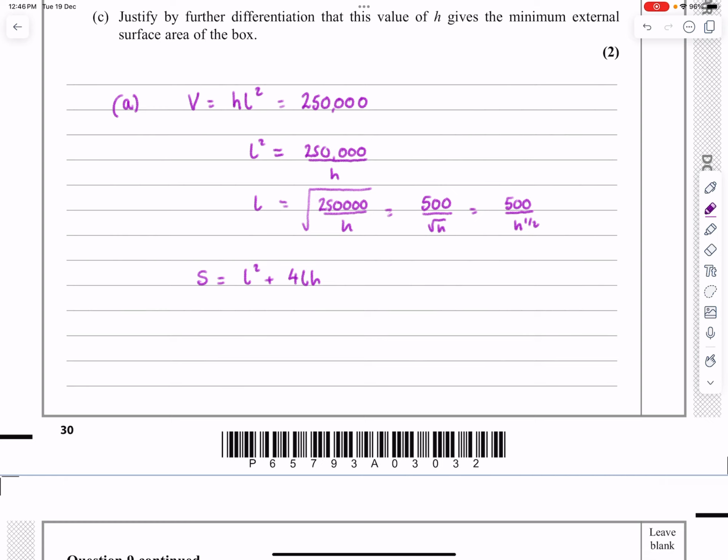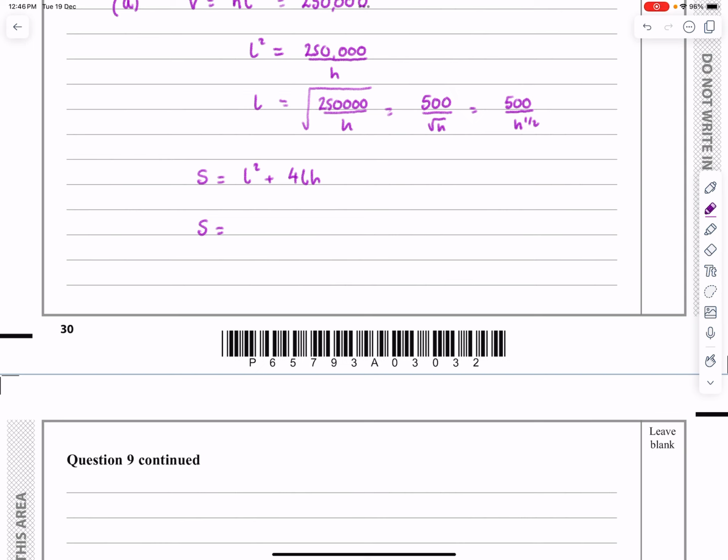Okay, well, don't forget now we know that we want the formula that doesn't involve L. Well, I've got L squared up there, so that makes things even easier here.